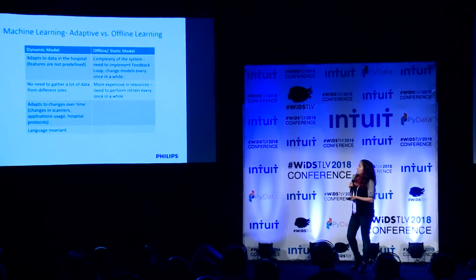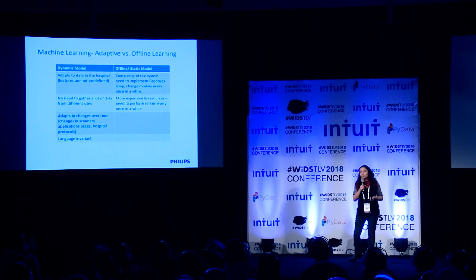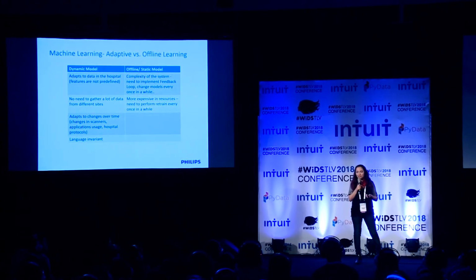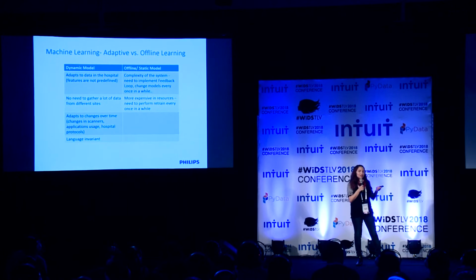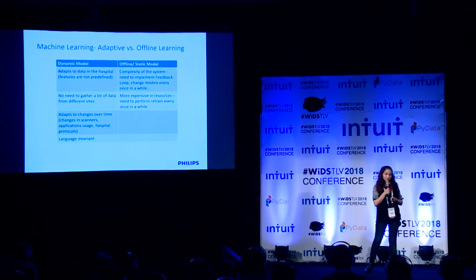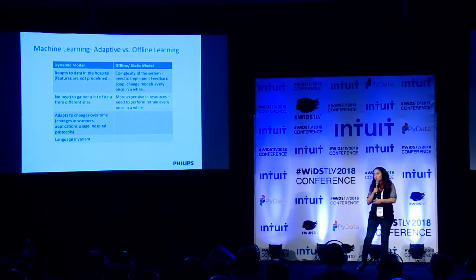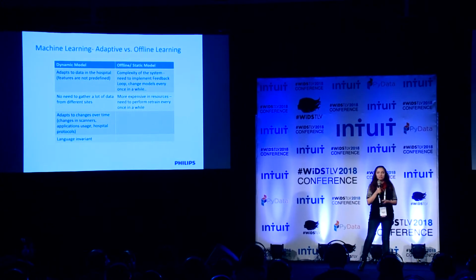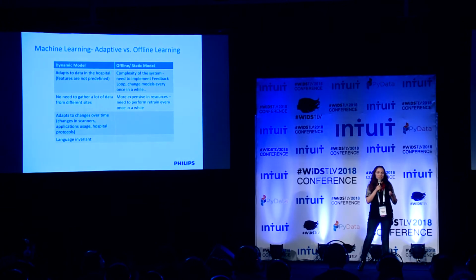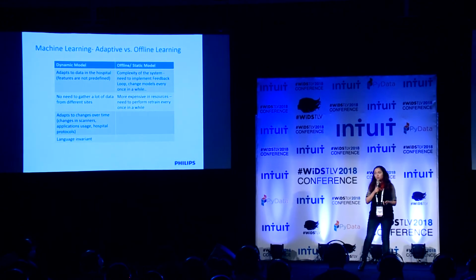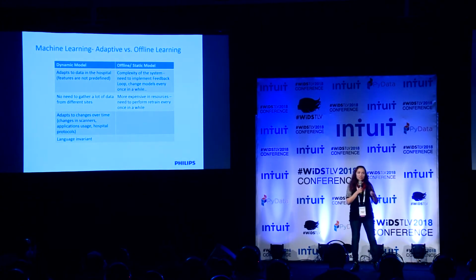Another question that we could ask when designing this is whether we want to use a dynamic model or an offline model. And the reality is that the variability of this data between different hospitals is very, very high because each hospital has different scanners.